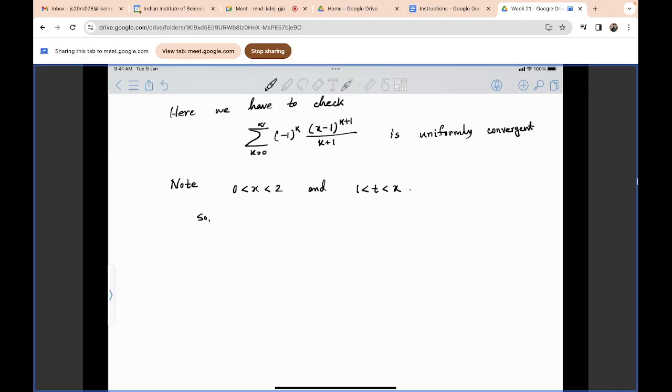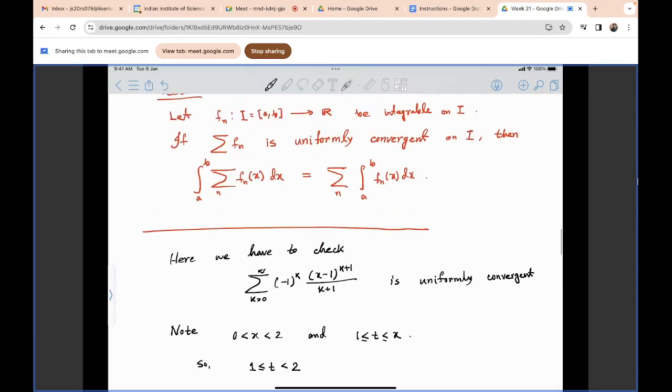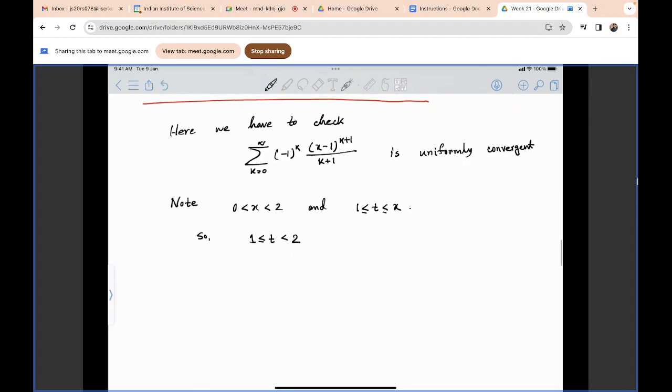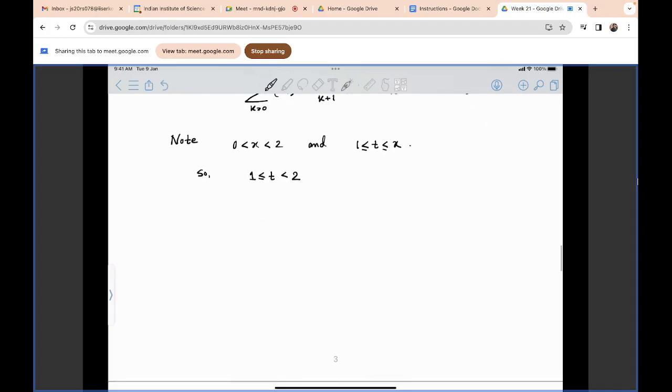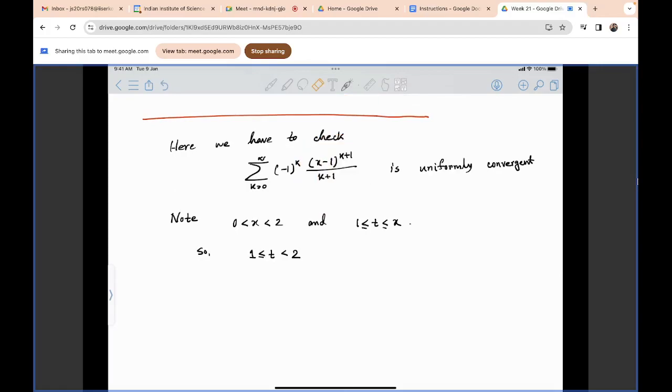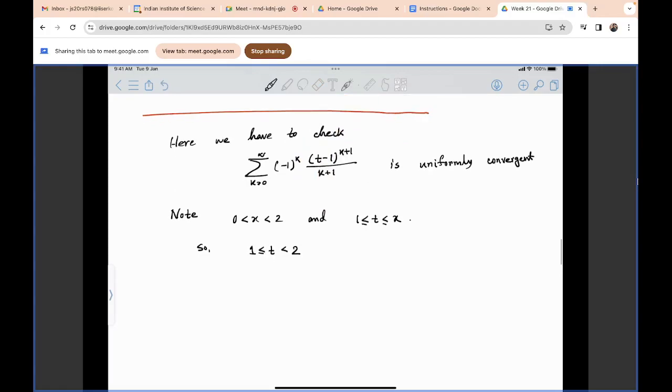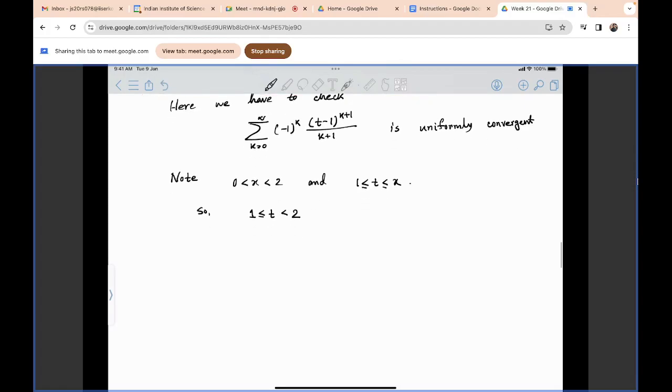So t will lie between 1 and strictly less than 2, and t minus 1 will lie, as t is less than 2 minus delta for some positive delta.